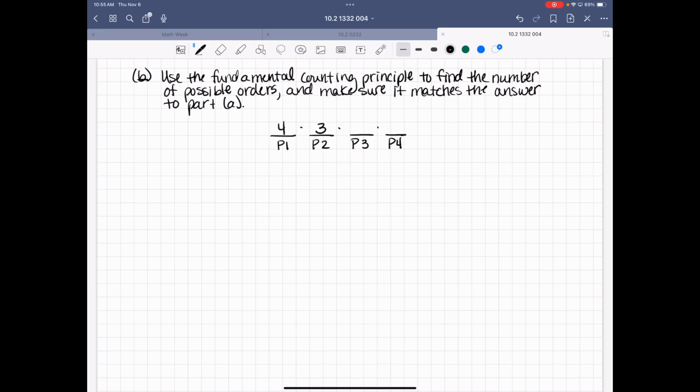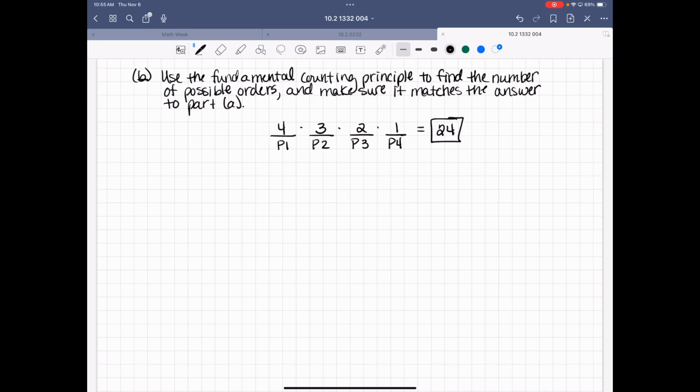How many to choose from for slot 3? 2, and then the last one, okay? And if I multiply all that together, 4 times 3 times 2 times 1 is 24. And sure enough, 24 is how many different ways we got in part A.